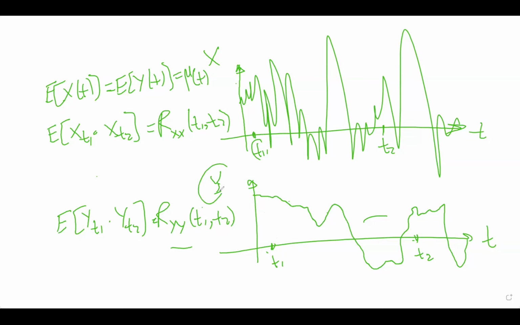For example, in the case of y, I can estimate the future much better than in the case of x. If I am at t1 and I would like to estimate what the signal will be at, let's say, t3, it becomes easier using the autocorrelation function.